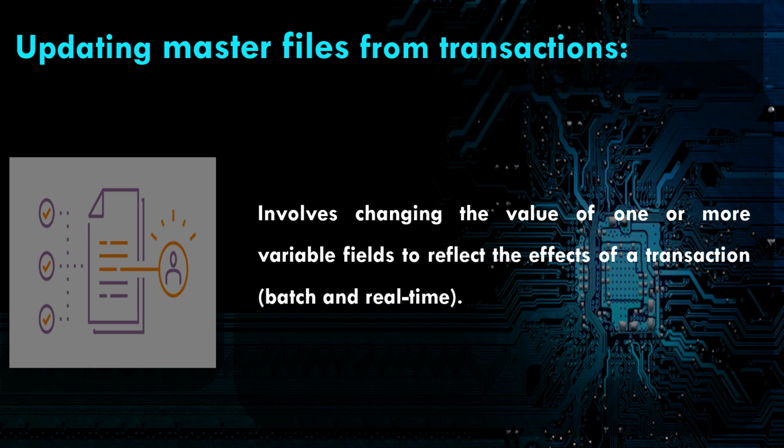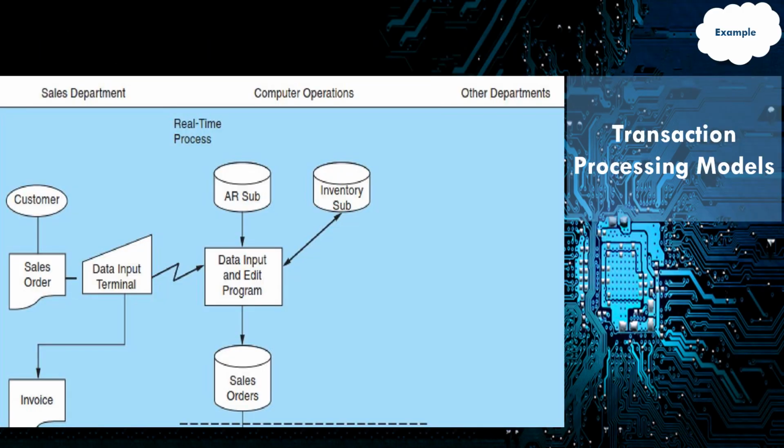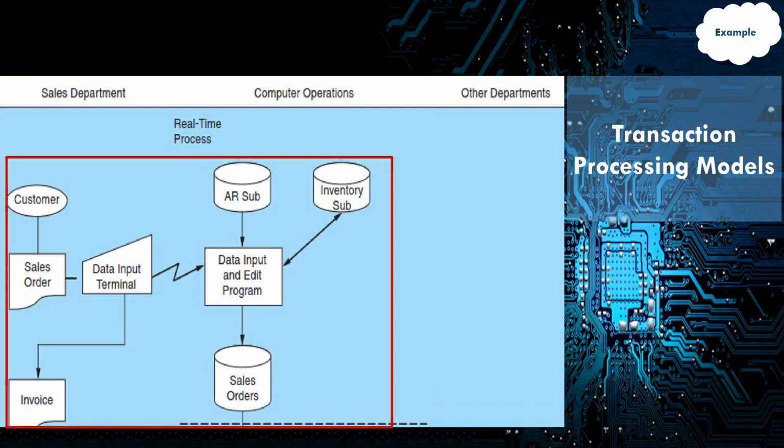Updating a master file from a transaction involves changing the value of one or more variable fields to reflect the effects of the transaction, and for master files we normally use both batch and real-time approaches. Here in this example, we are trying to show the real-time process of one transaction, the sales transaction.